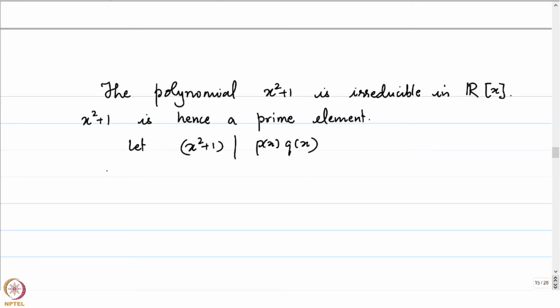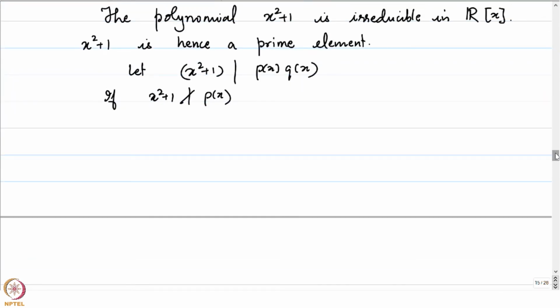Without loss of generality, if x square plus 1 divides P of x, then we are already through. If x square plus 1 does not divide P of x, since x square plus 1 is an irreducible polynomial, if you look at the greatest common divisor of x square plus 1 and P of x, it should necessarily be 1, right? So it will be a unit, so it will be 1 here.